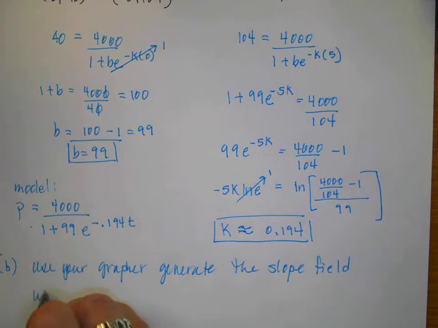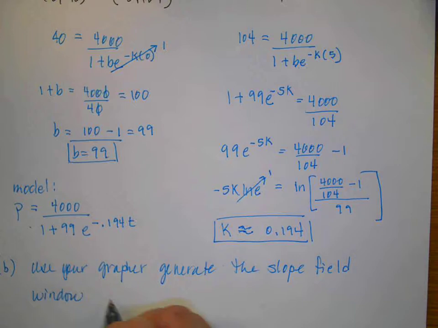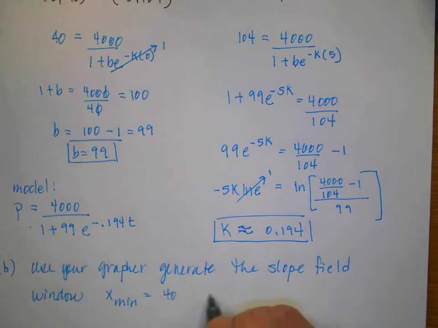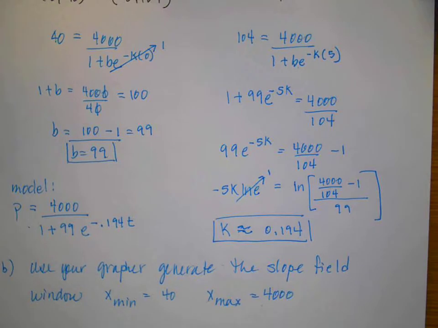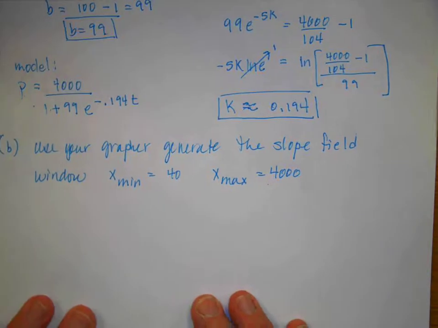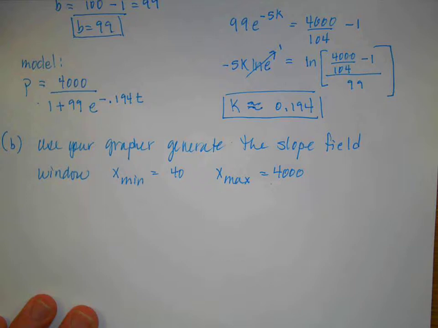And just as a reminder, your window, your x min is going to be 40 and your x max is going to be 4,000. And then you can do that work on your own because I have utmost confidence in your abilities.